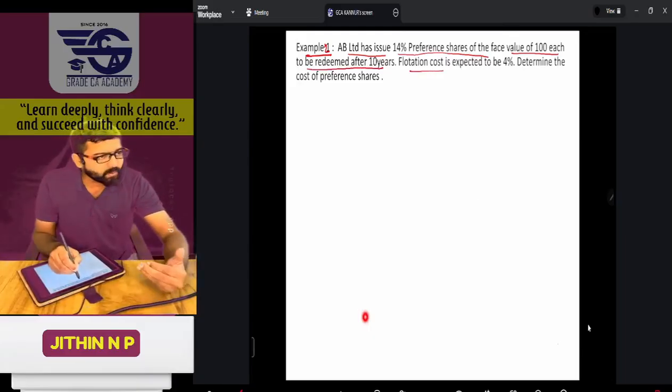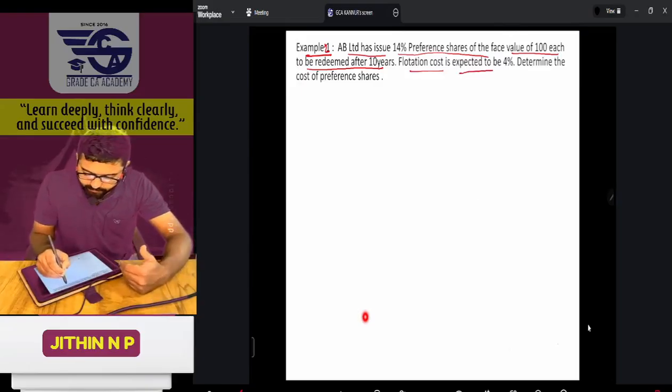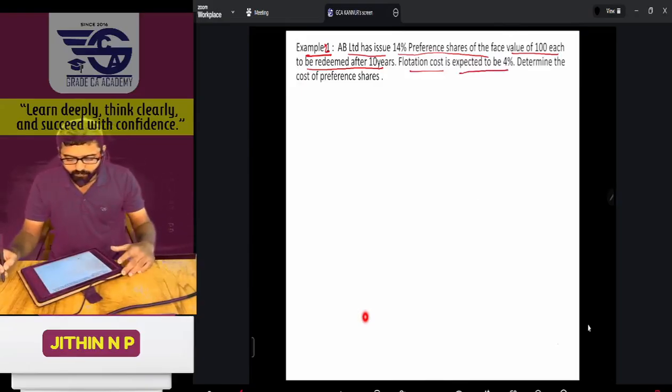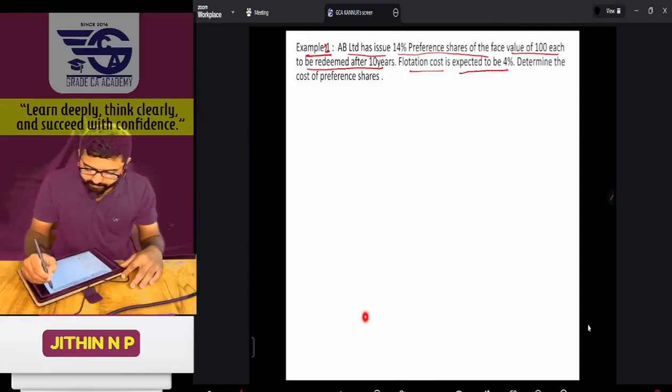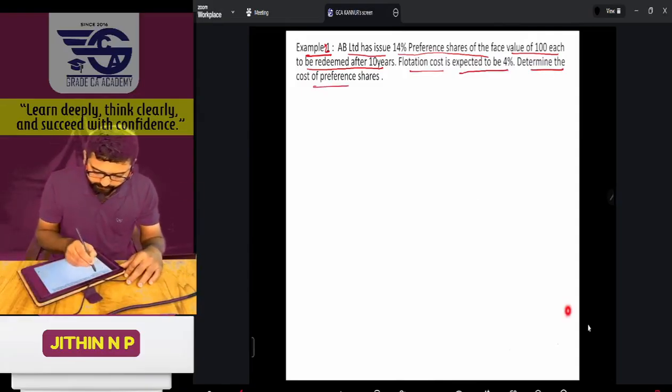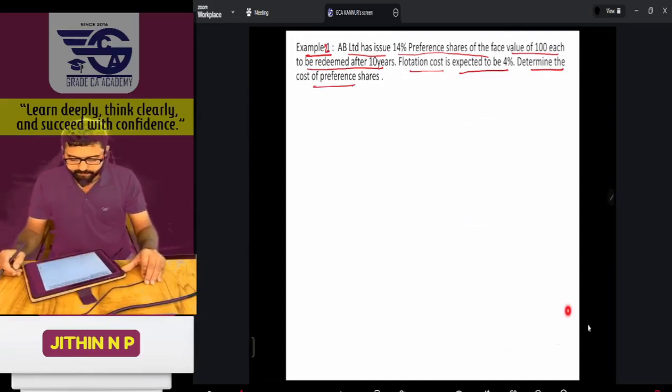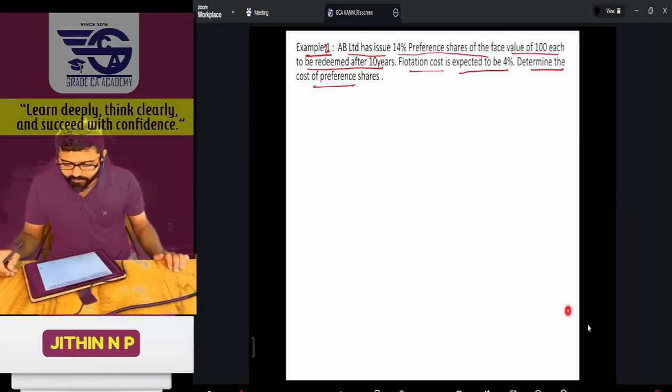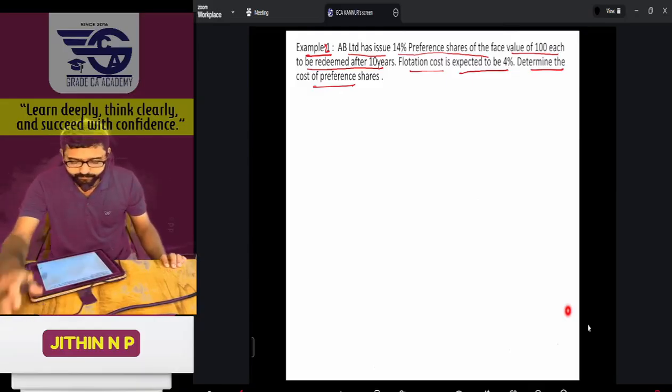Flotation cost, that means cost of issue, is expected to be 4%. 4% on face value you can compute. Determine the cost of preference shares.